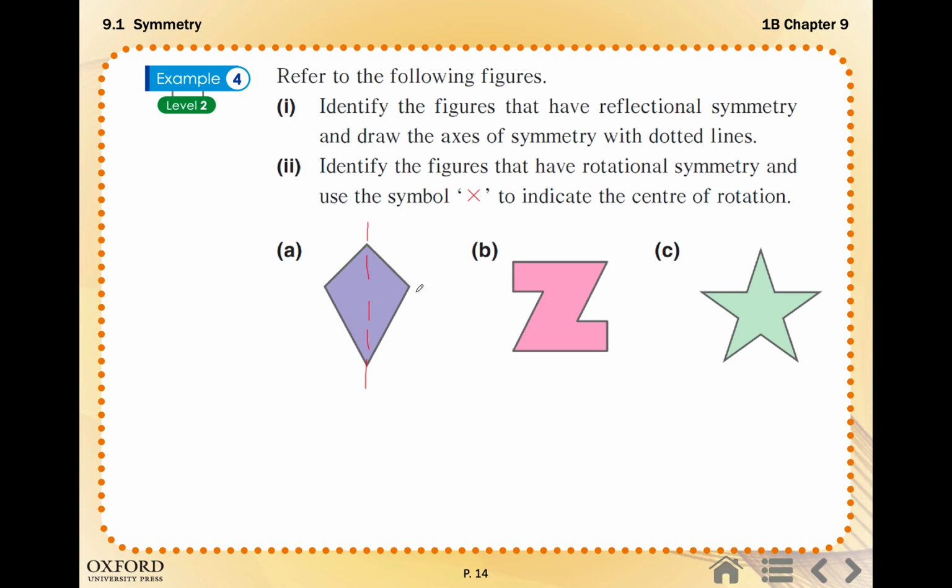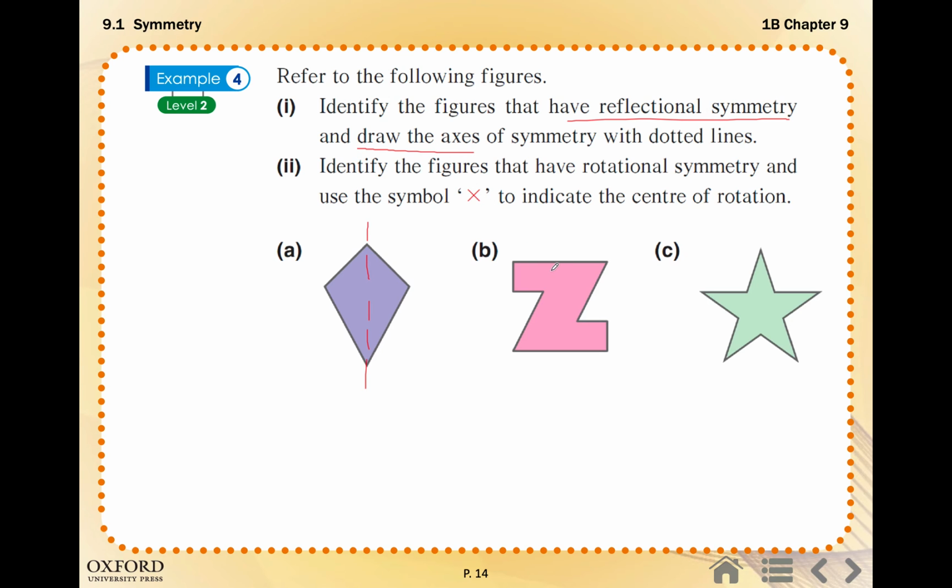This figure A has reflectional symmetry. So the question asks you to identify, that means you have to state that figure A has reflectional symmetry. And then the second task is to draw the axis of symmetry. You have to draw it and mention that figure A has reflectional symmetry.